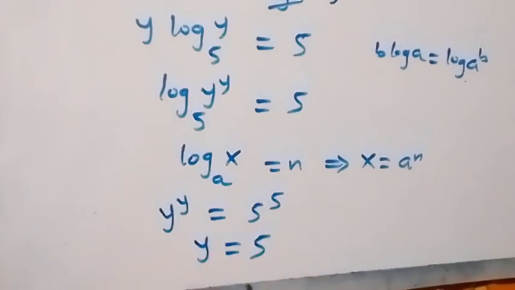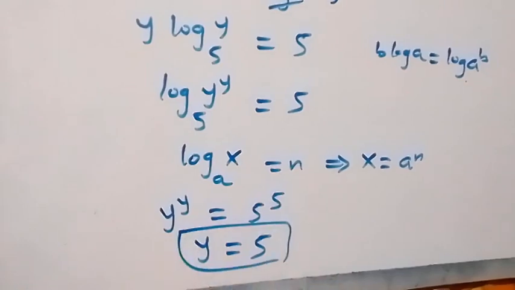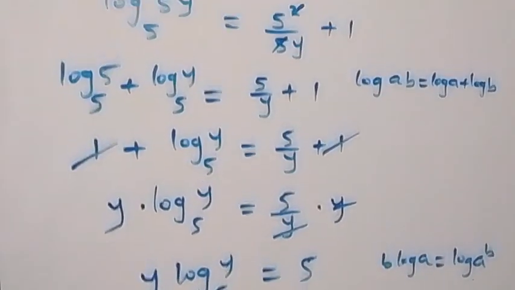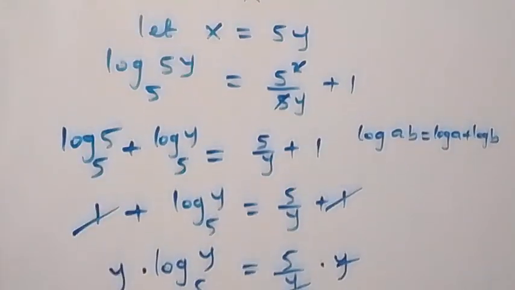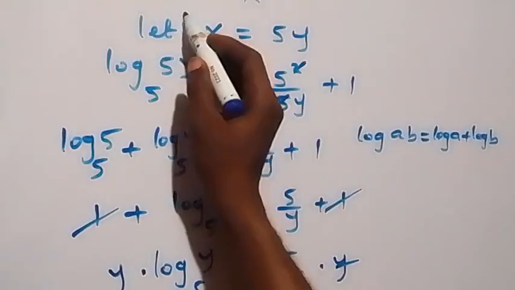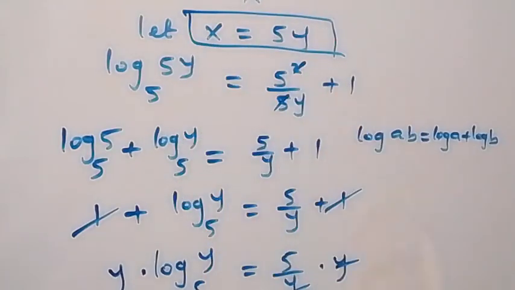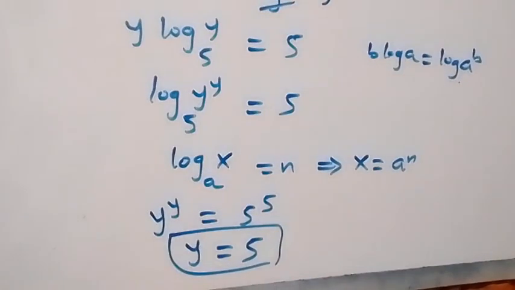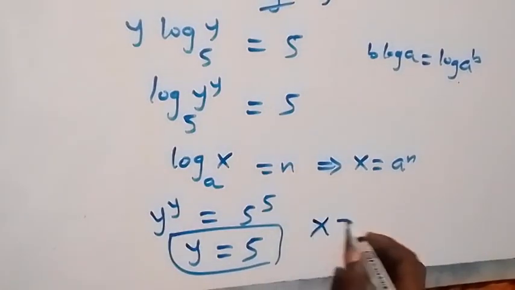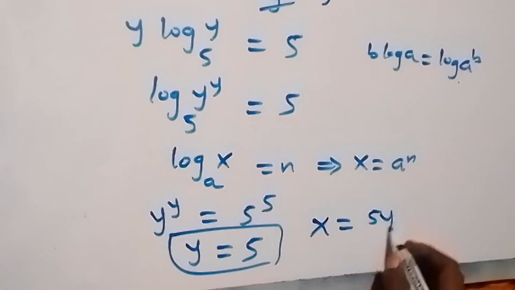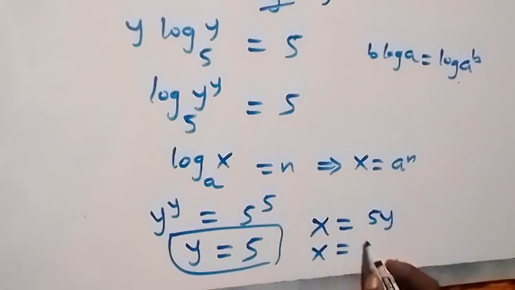Now since y equals 5, we can recall that we represented x as 5y here, so x equals 5 times 5, which gives us x equals 25.